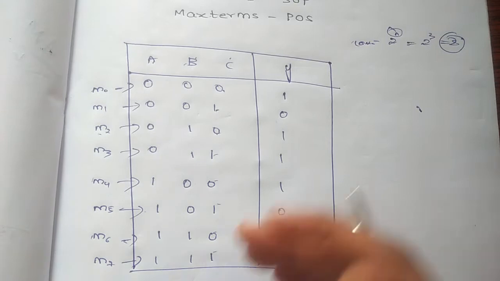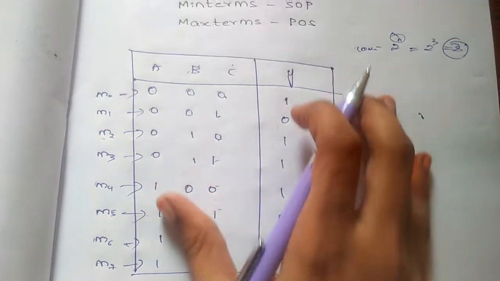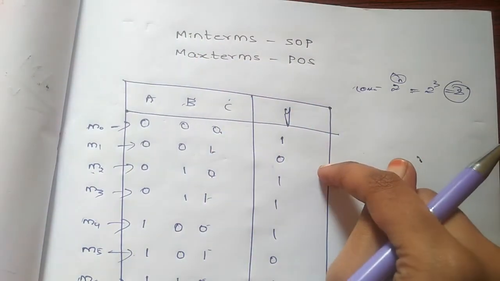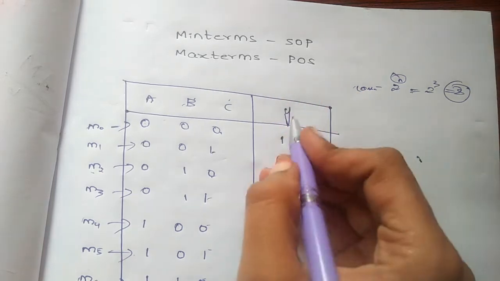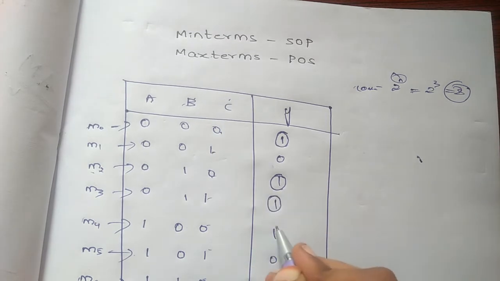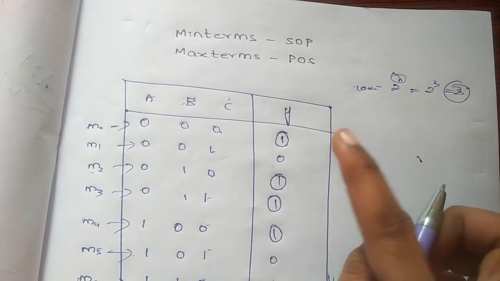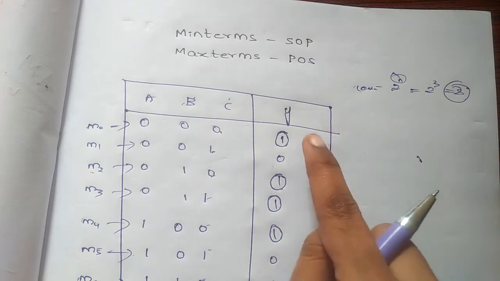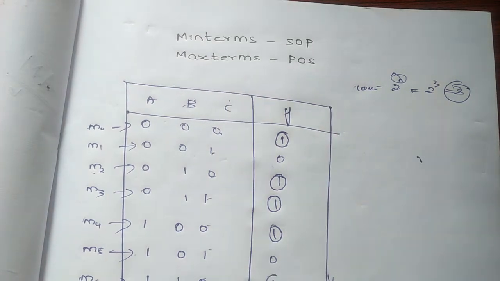See, you apply minterms at the output where there is 1. Minterms are represented at the output where it is 1.